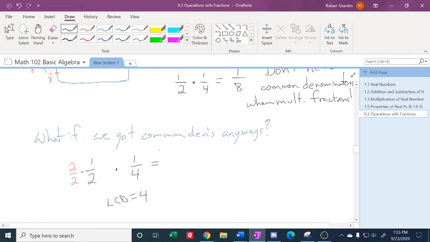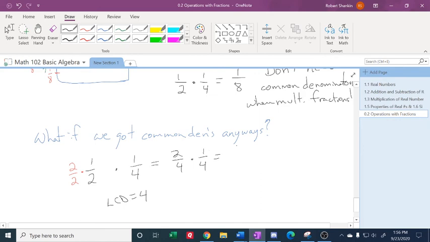So I would get 2/4 times 1/4. Okay. Now I'm going to multiply. Even though I didn't have to get common denominators, I did.